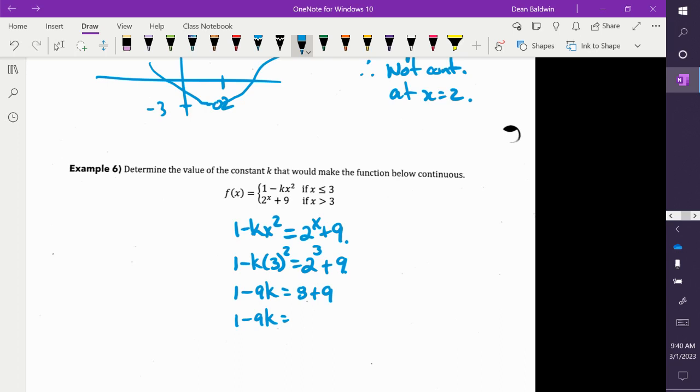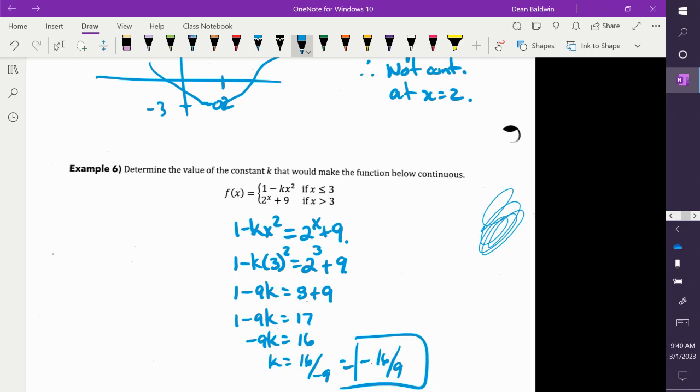9 and 8, 17. Yeah, it's 17, right? Is that it?